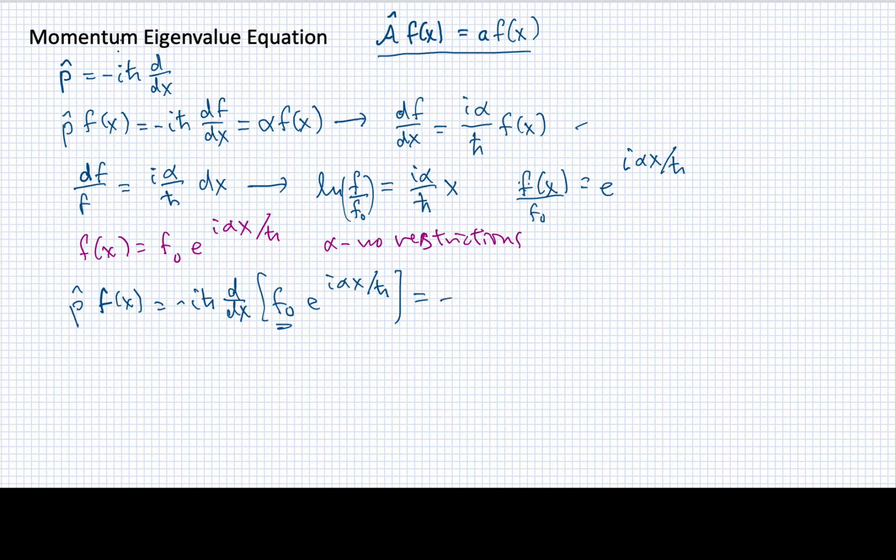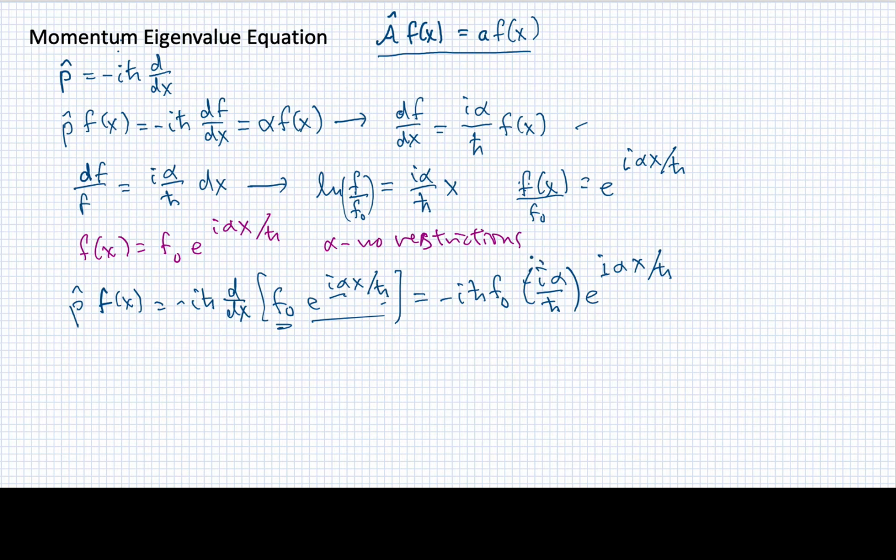So we'll have minus i h bar f0, and then the derivative of what's inside here is going to bring down the i alpha over h bar, and it will leave the exponential. That would be the effect of taking that derivative.